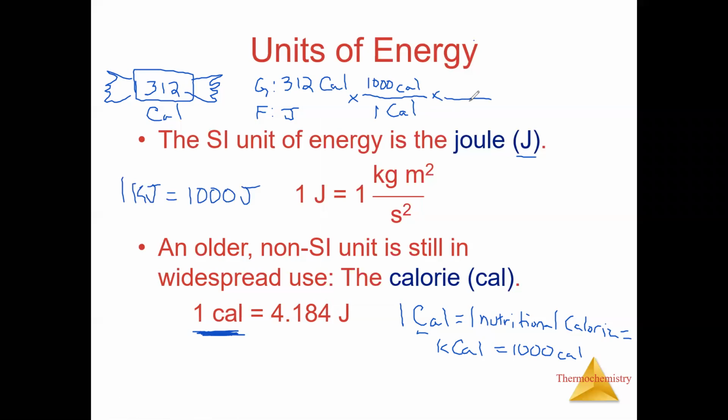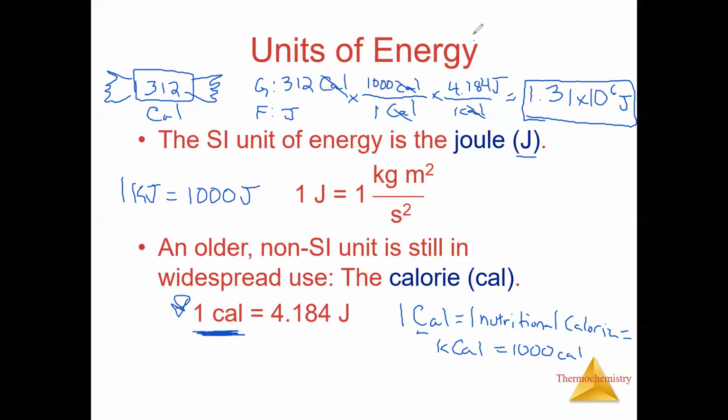And then for every 1 little c calorie, we get 4.184 joules. The little calories will cancel, the big calories will cancel, and I end up with quite a large number. I have 3 sig figs, so I'm going to go with 1.31 times 10 to the 6 joules, or 1,310,000 joules. Quite a bit of joules packed into that candy bar.